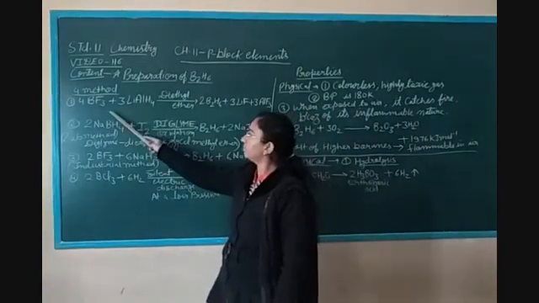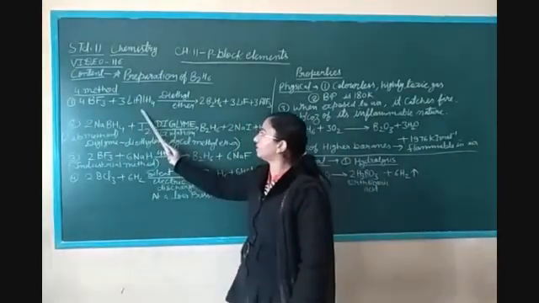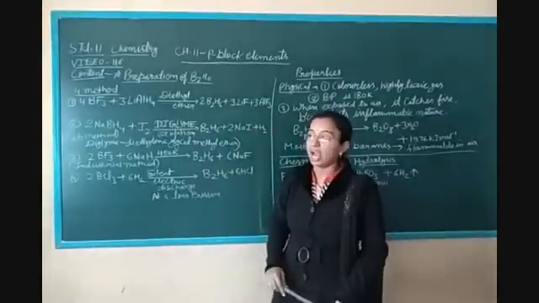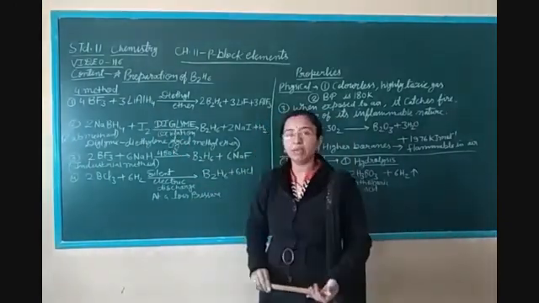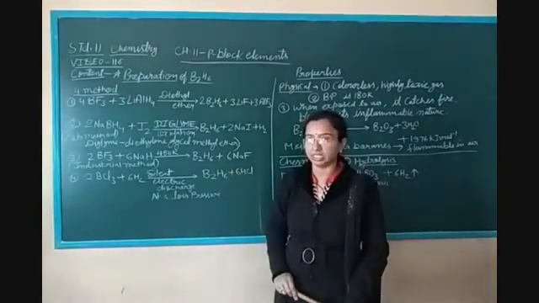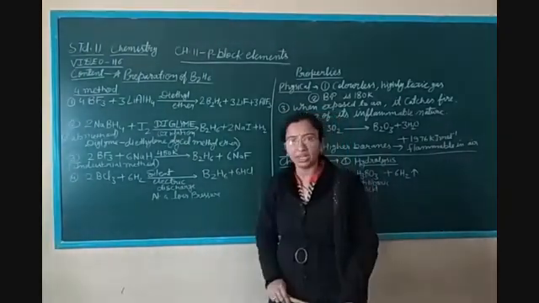First method is BF3 reacting with lithium aluminum hydride, LiAlH4. Lithium aluminum hydride is a reducing agent, so it is used for reduction.